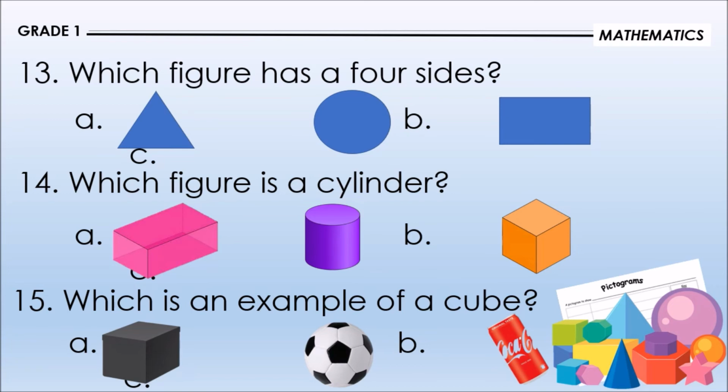A, B, or C? Number 15, which is an example of a cube? A, box. B, ball. C, can of Coke.